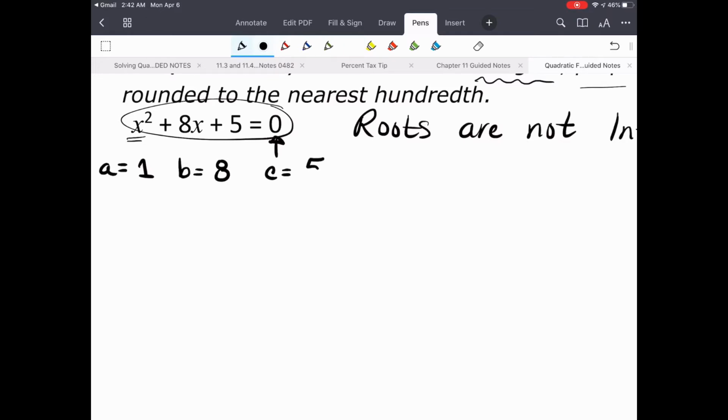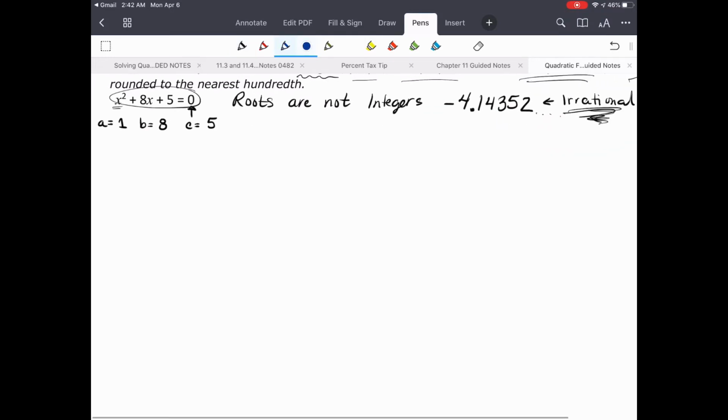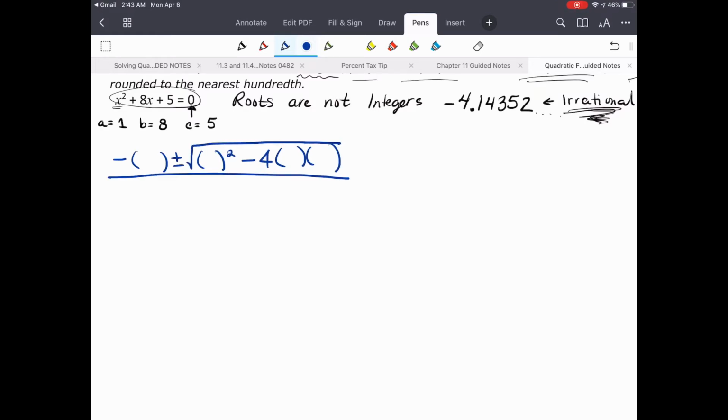I'm going to go ahead and write out the quadratic formula, but like I said before, instead of the letters, I'm going to write the parentheses. So negative b plus or minus the square root of b squared minus 4 times a times c, all over 2 times a.